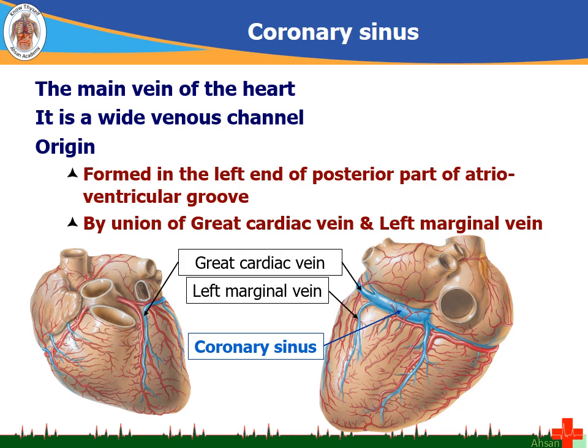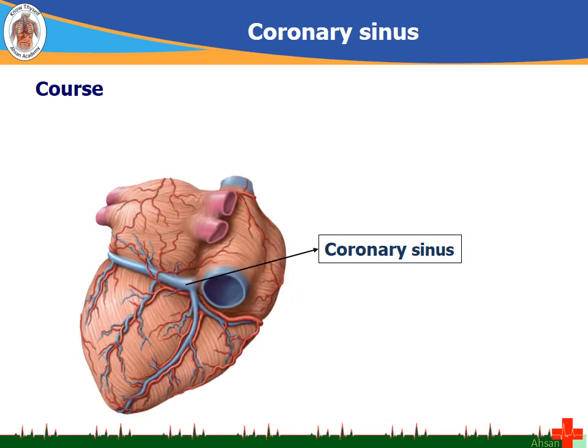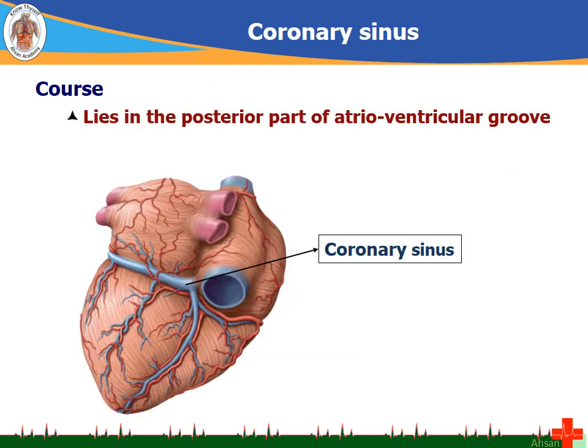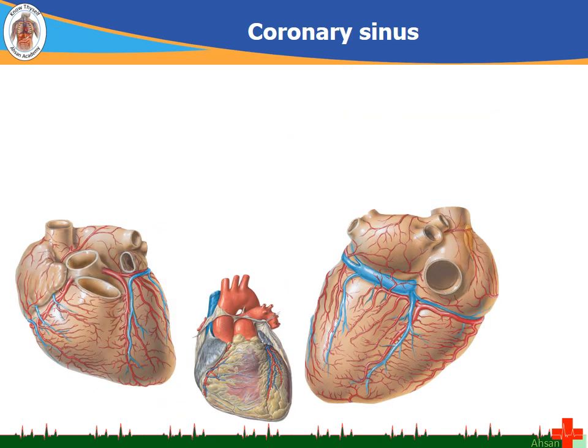It runs to the right side, and this is a very wide venous channel that drains most of the blood to the right atrium. It lies in the posterior part of the atrioventricular groove, and it runs from the left side to the right. The coronary sinus receives some tributaries.